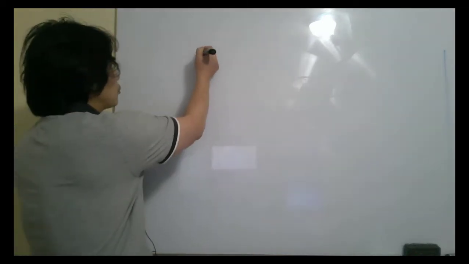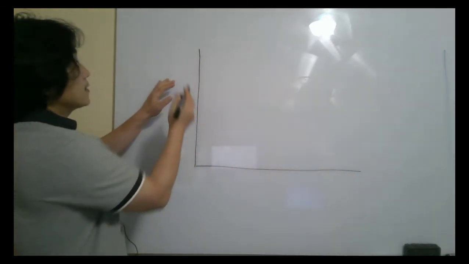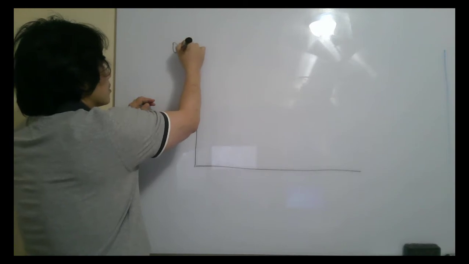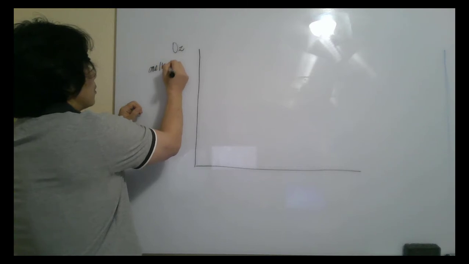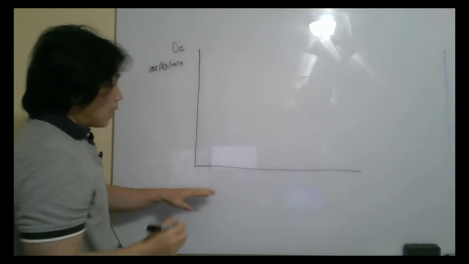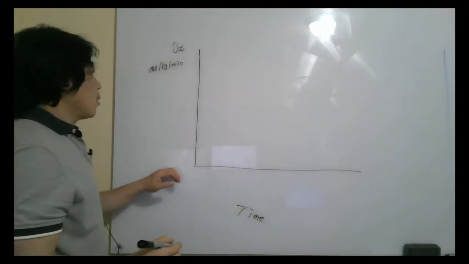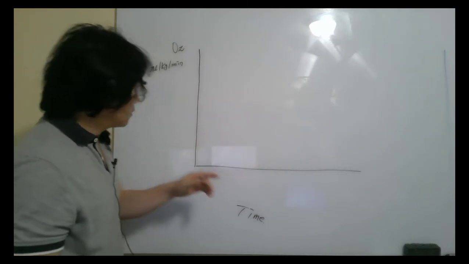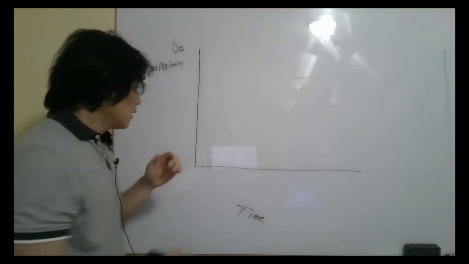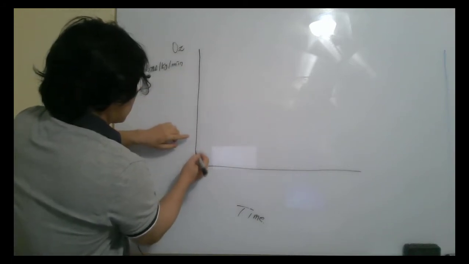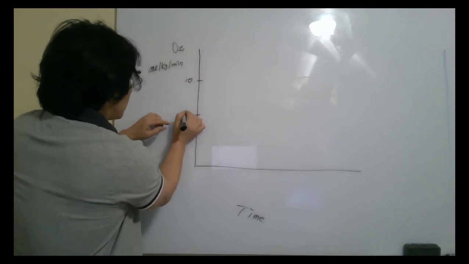So I would like to explain this further. This is the graph. The Y-axis is oxygen consumption, and I would like to write here the unit, milliliters per kilogram per minute. The X-axis is time.